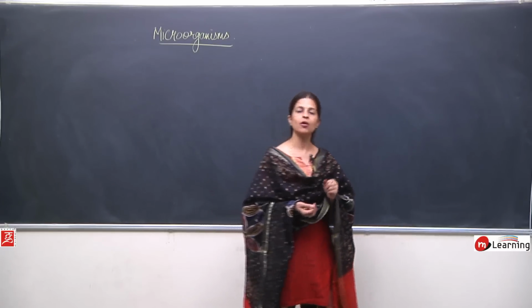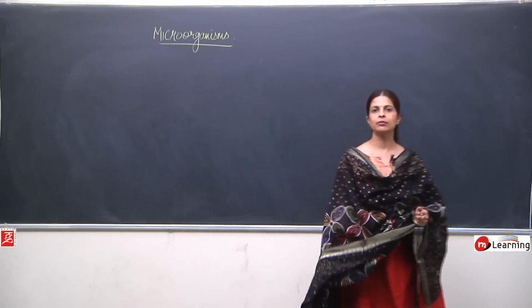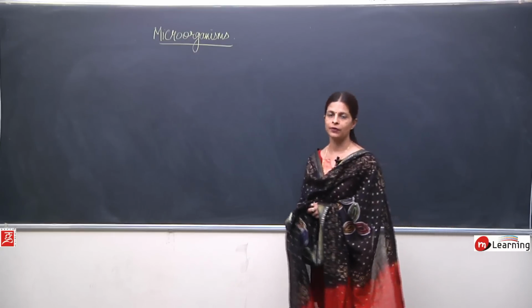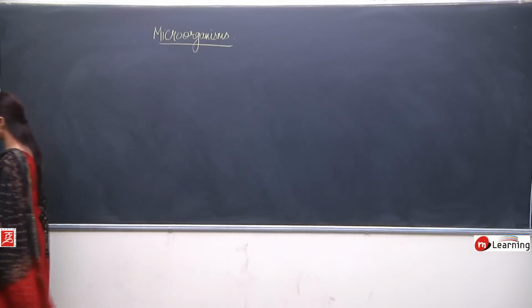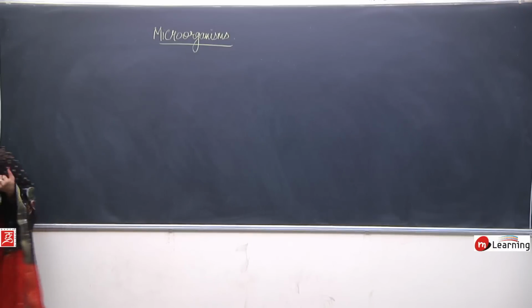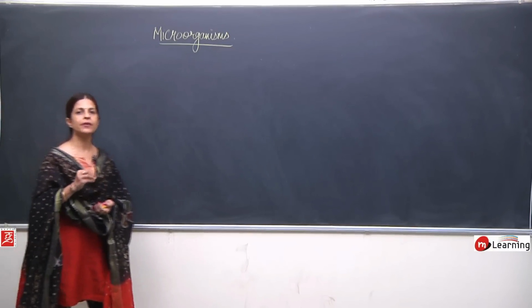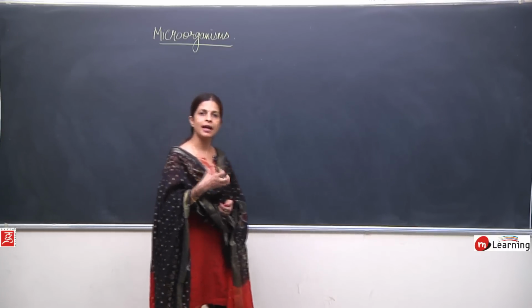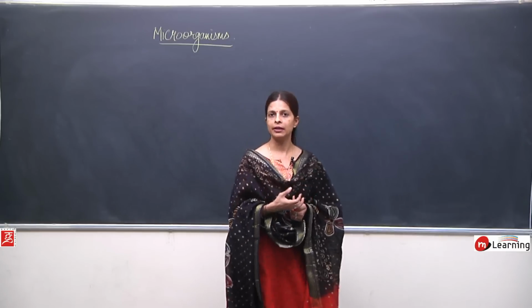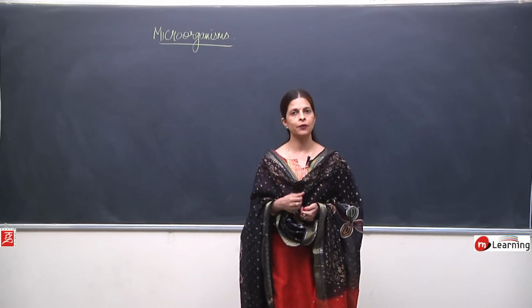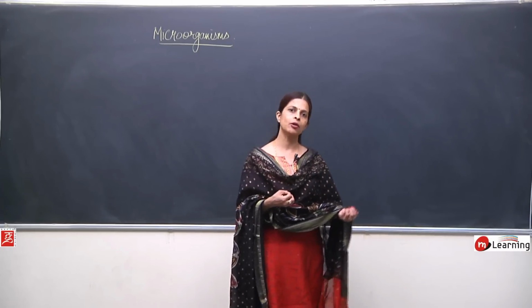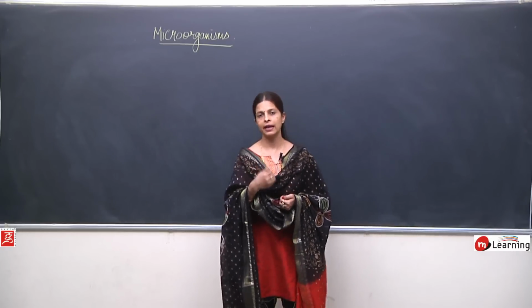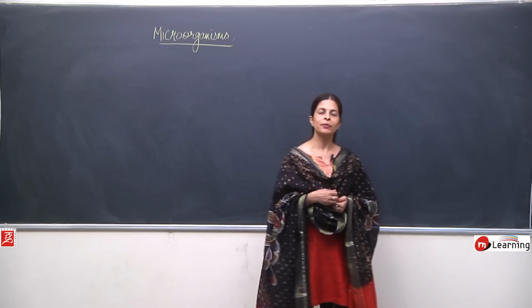Now when we talk about life, the organisms can be of different types. We are all quite aware that there are certain organisms which are very, very big, for example the elephant and the whale. There are certain organisms which are very small, like the rat and the ants.